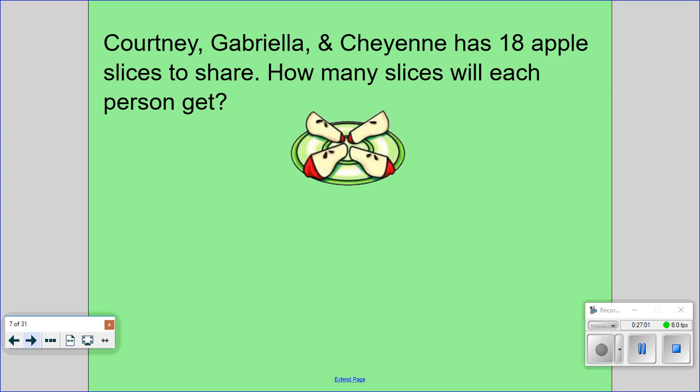Go ahead and erase this. I am definitely counting apple slices. What should my answer sentence sound like? Remember, I need to pay very close attention to the question. How many slices will each person get?